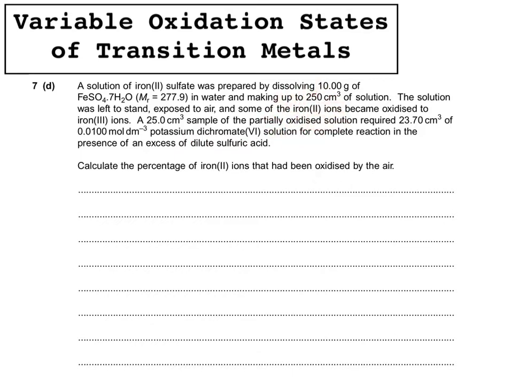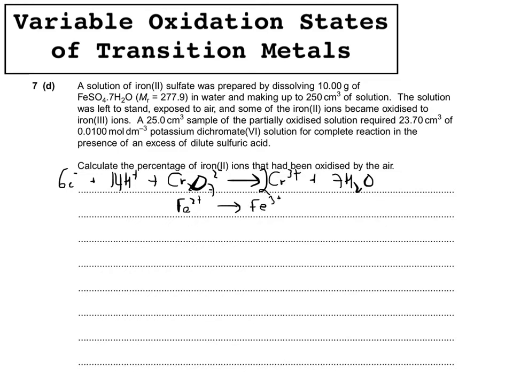So what you'll have is the dichromate, Cr2O7 2-, going to form Cr3+, balance the chromium, balance the oxygen, balance the hydrogen, balance the charge, and you've got your Fe2+ being oxidised by the dichromate ions to Fe3+.